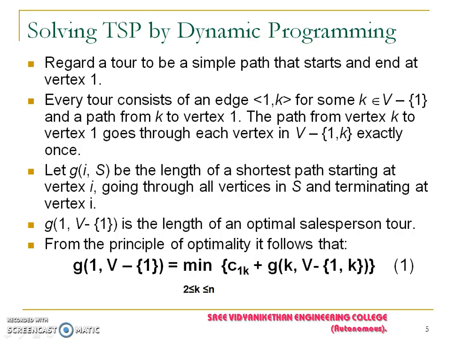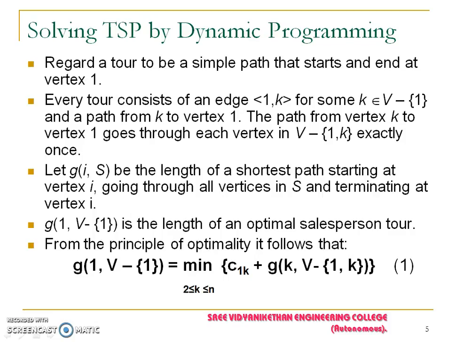If the tour starts and ends at vertex 1, then every tour consists of an edge (1, k), where k belongs to the set V minus vertex 1, and also the path from k to vertex 1 exists. This path goes through each and every vertex in the set V minus {1, k}, but exactly once.